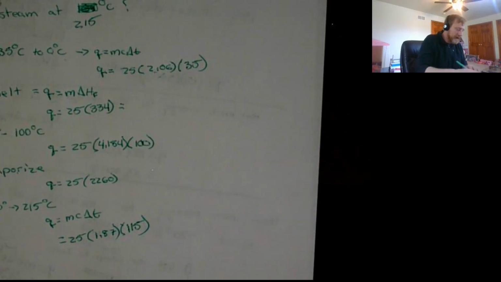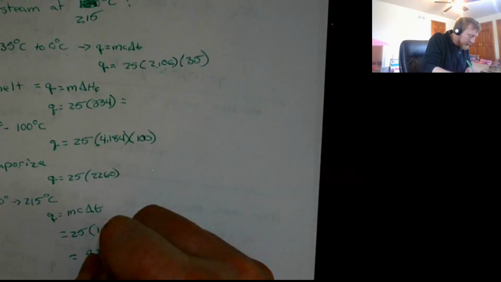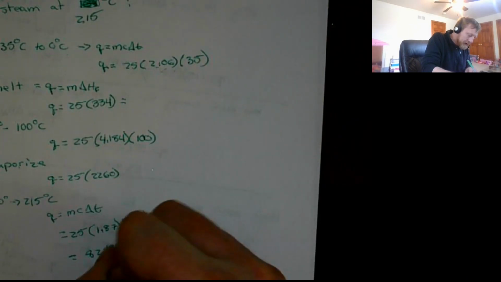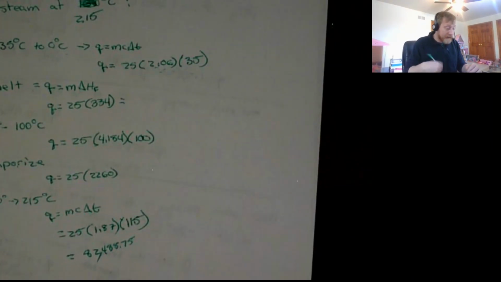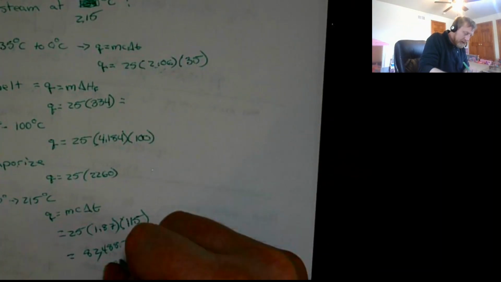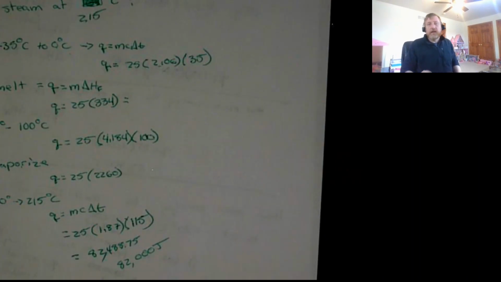And there's our answer. I guess it doesn't show up very well on the document camera, but the answer is 82,488.75 joules. Again, if we were actually going to sig fig this, that would turn into 82,000 joules. And that would be our answer.